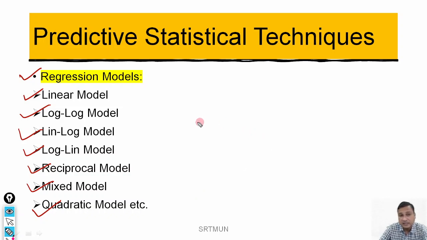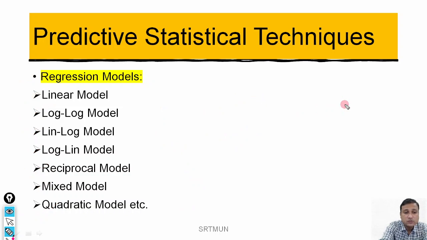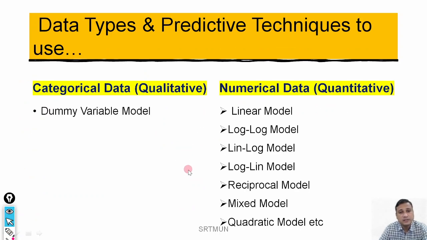Fine. But again, can we apply all these models to any data? No. First, you will have to identify your type of data. If you have qualitative data, you can go with a dummy variable model. But for this model, again, there are some prerequisites.